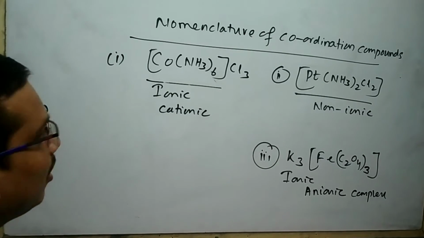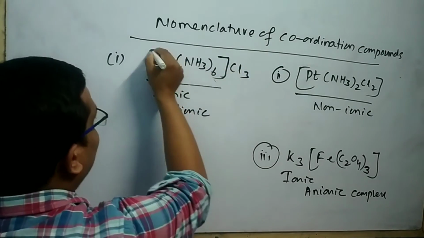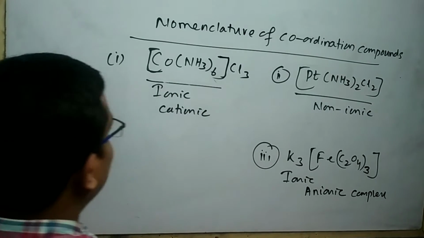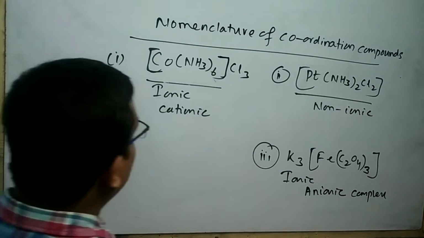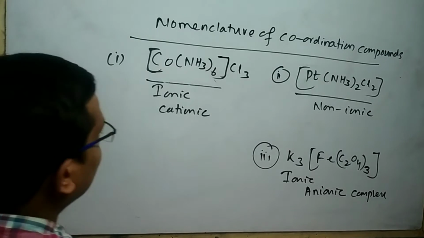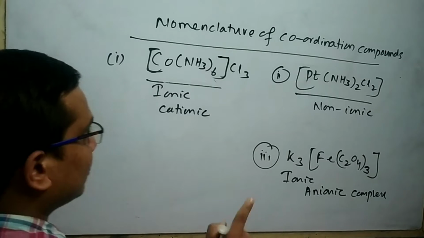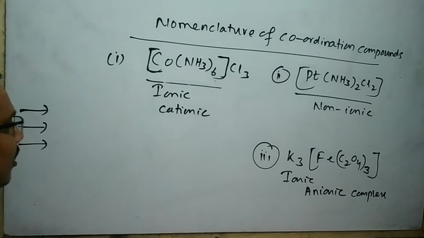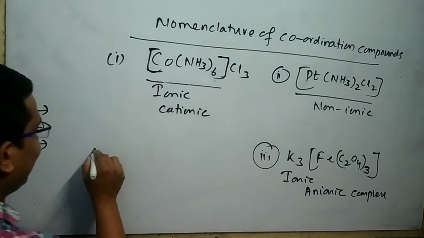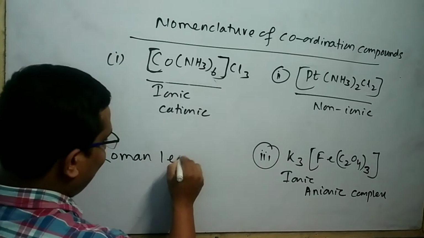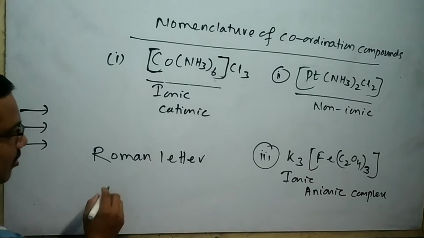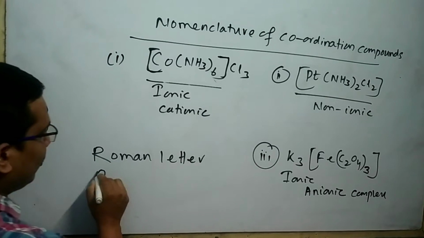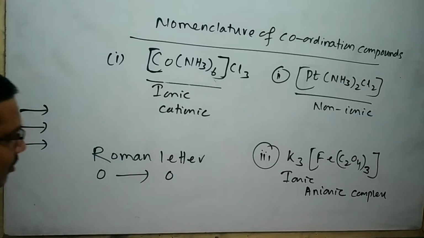Third rule is, for naming the coordination sphere part, the name of the ligand is written first, then the name of the central metal atom or ion, then the oxidation state of the central metal atom or ion. Remember, the oxidation state is always written in Roman numerals. If the oxidation number of the central metal atom or ion is 0, then it is written as 0.